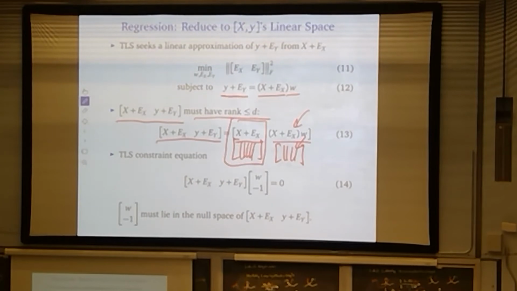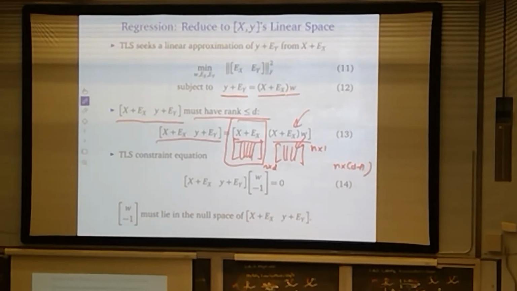That's a fundamental theory of linear algebra, yes? And this matrix is n by d. I add Y, which is n by 1. Even though this whole thing is n times d plus 1, this rank will not be more than d. Yes? Because I'm seeking this reduction. When they line up, one can be represented by the other, right? I'm removing some degree of freedom.